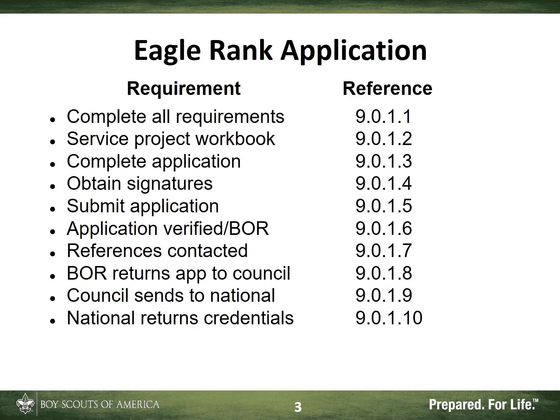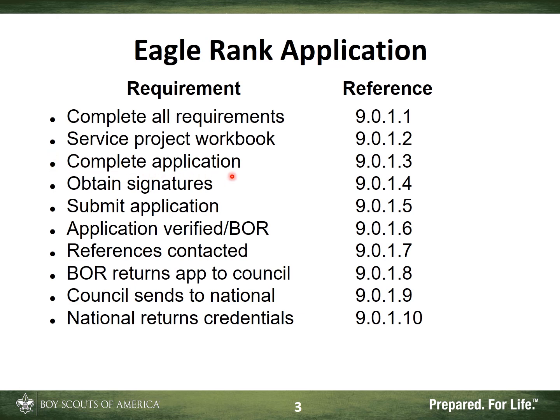Now we're going to go through, again, some of the steps at a high level. This is what's in Chapter 9, and as far as the steps to getting from Life to Eagle and getting the application submitted and approved. So the scout initially completes all the requirements, and then as he's doing the service project part, he completes the service project workbook.